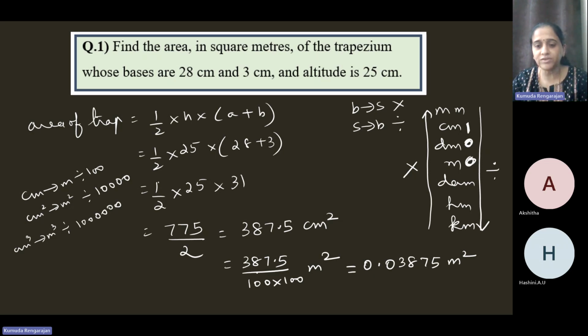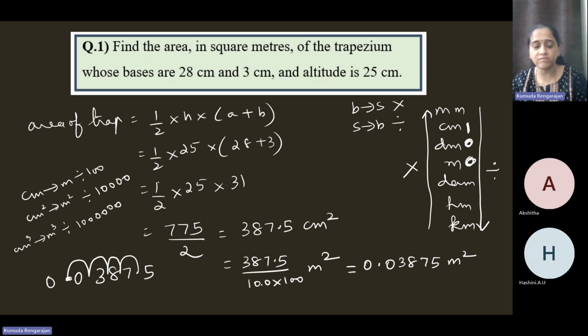Because you have to shift the decimal point to the left by 4 places: 1, 2, 3, 4. But we already have 3 digits, 7, 8, and 3, so we just need to add 1 more 0. For 387.5, 1, 2, 3, 4, the decimal point comes here. 0.03875, because we have to divide by 1 followed by 4 zeros.